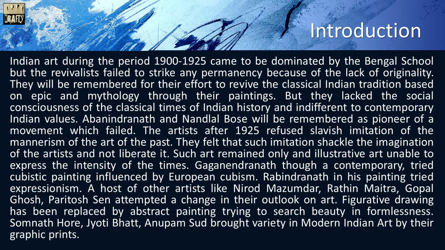Such art remained only an illustrative art, unable to express the intensity of the times. Gaganendranath, though a contemporary, tried cubistic painting influenced by European Cubism. Rabindranath, in his painting, tried Expressionism.